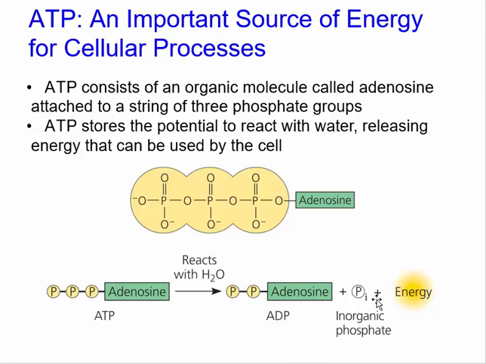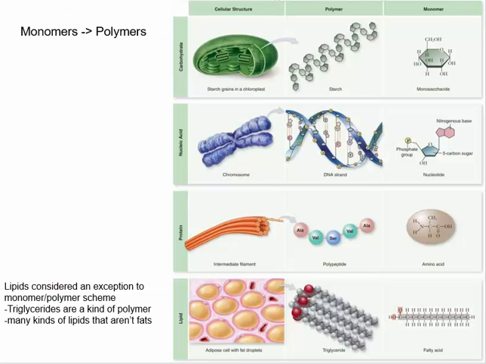What also gets released is a bunch of energy, and this energy can go into building more ATP, or it can be used to do all sorts of other things, and that's why this is known as an energy currency of the cell. Let's put these functional groups together now into bigger things. And we start to now look at what are our major macromolecules that we find in living things.